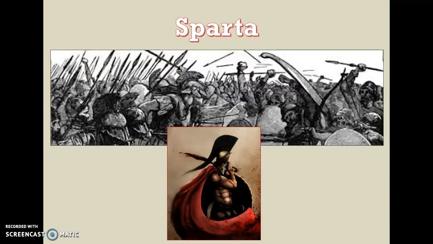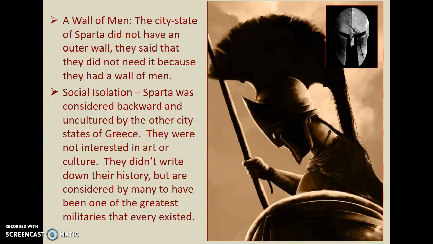The next city-state was Sparta. Sparta has become very popular through the 300 movies. Unfortunately, we don't get too in detail. We will watch a short video on the Spartan way of life. But really all you have to know is a couple things.